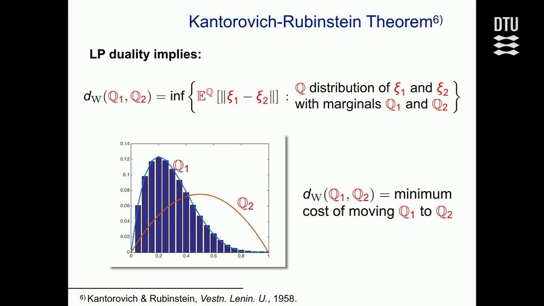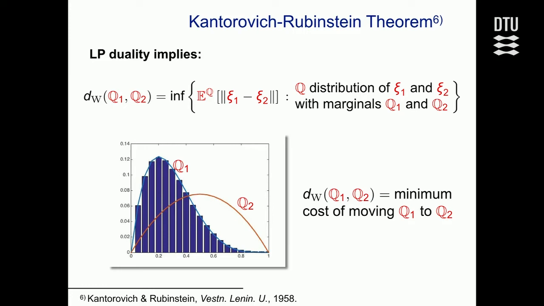And I look at all joint distributions of xi1 and xi2, with the property that the marginal distribution of xi1 is equal to Q1, and the marginal distribution of xi2 is equal to Q2. Okay? So we fix the marginals, but we look at all distributions with these marginals. So the dependence of the two distributions is free. And what we're minimizing is the expected value of the distance, so the norm, between xi1 and xi2. Okay?